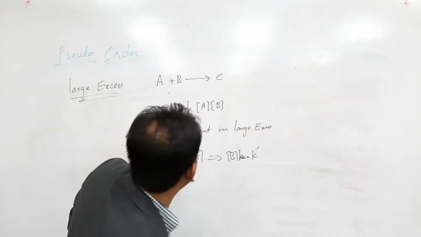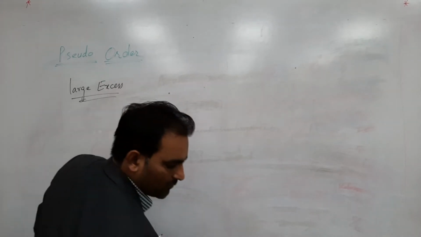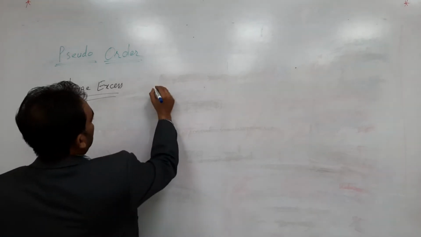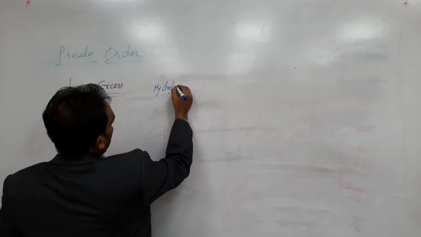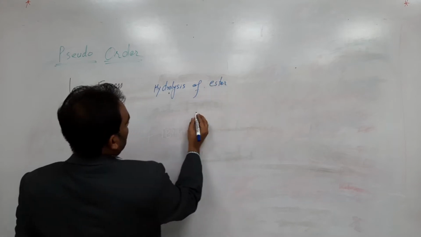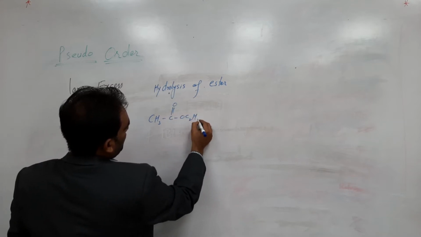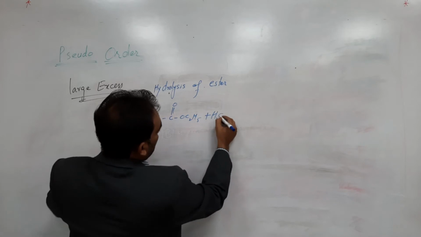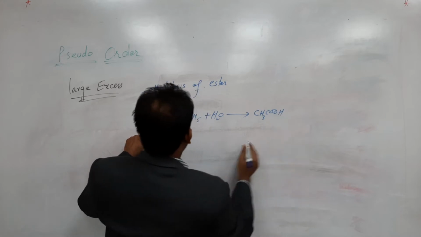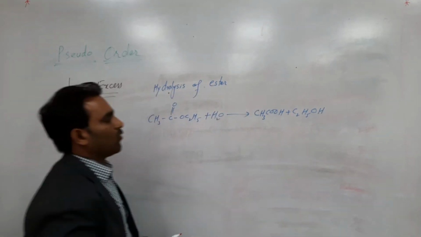For example, we have the hydrolysis of ester. This is ester, and water, it gives you acid and alcohol.